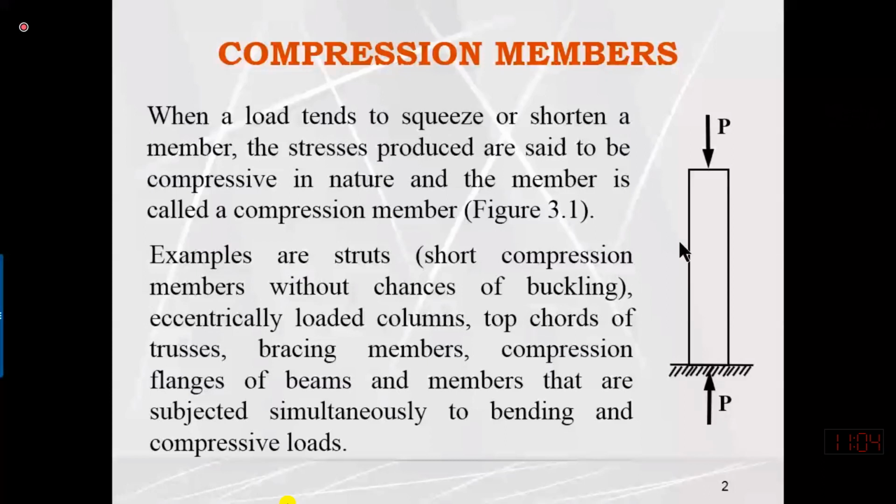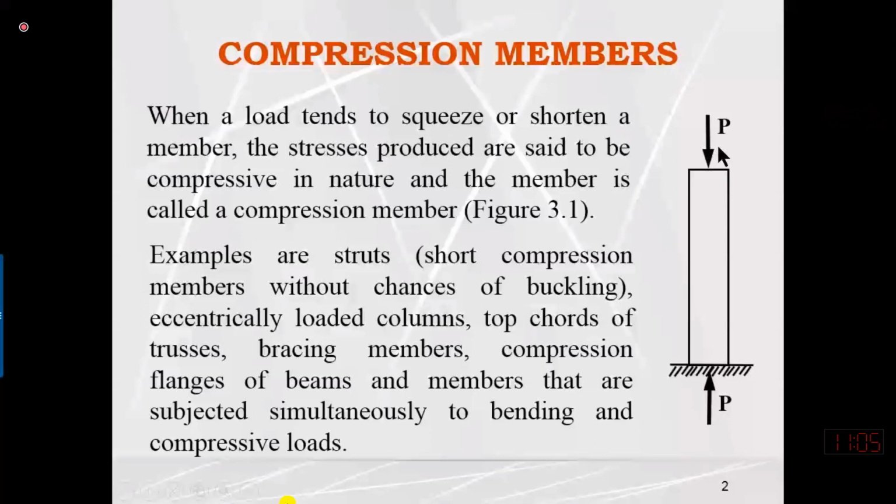But on the other hand, you might think that the same member, when subjected to tensile forces, failed at a load of maybe 100 kilonewton. But if the same member, having identical length, cross section and material, is subjected to compressive force, it may fail at a load of less than 50% of the load it takes in tension.